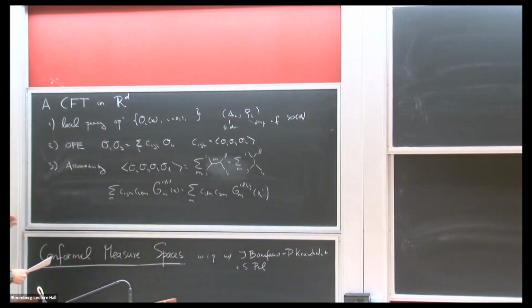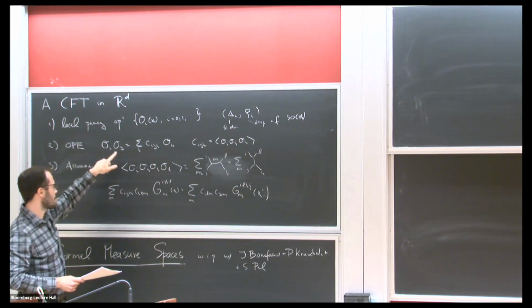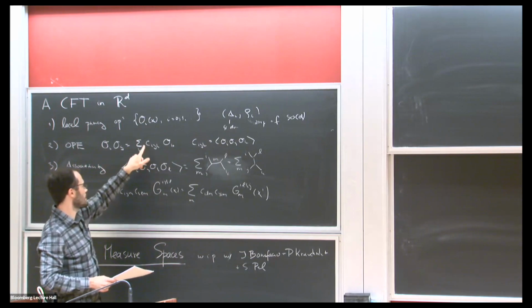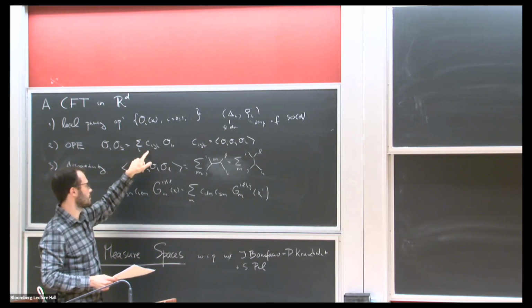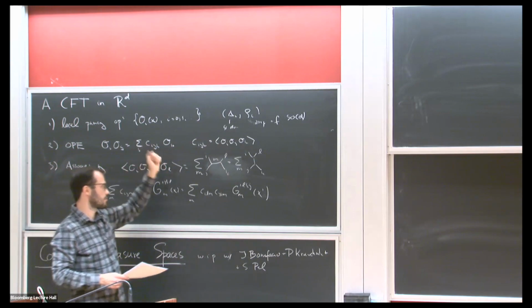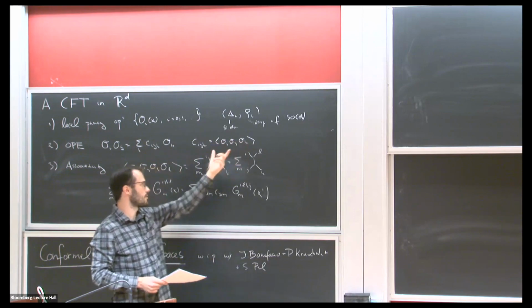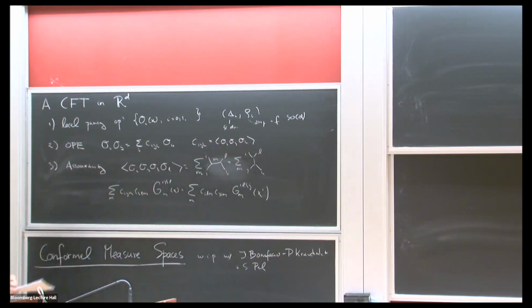Very familiar from CFT. So the next layer of structure on this is that we can do the OPE, so we can take products of local primary operators, O_i times O_j. It can be expanded as a sum over C_ijk times the local operators, and the C_ijk, the structure constants of this OPE, are also computed as the 3-point function, expectation values of products of 3 of them.